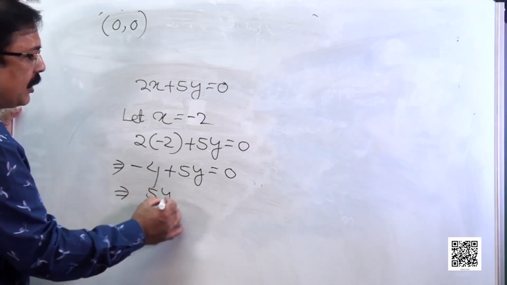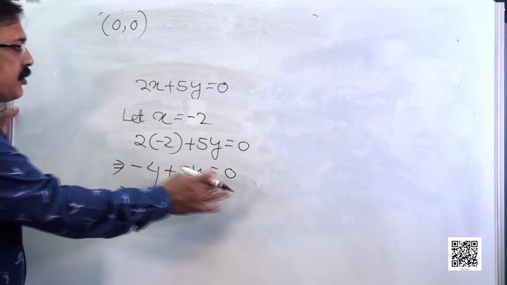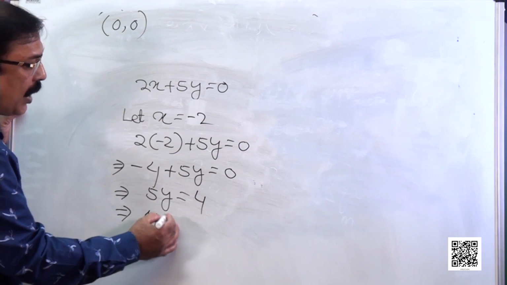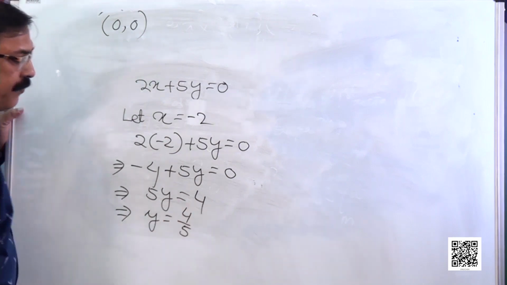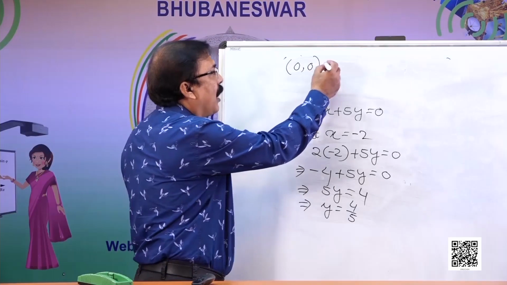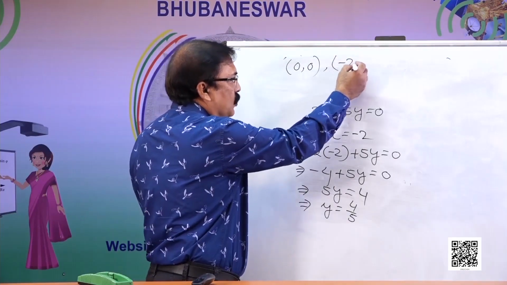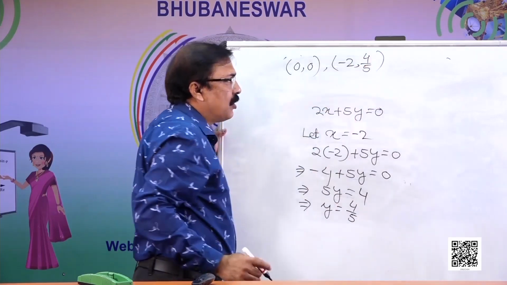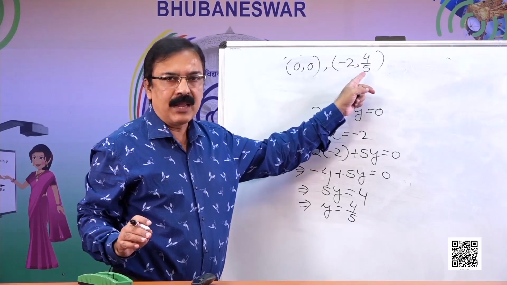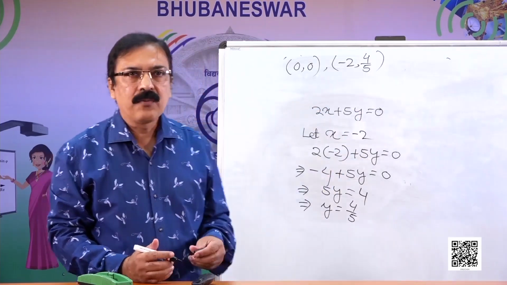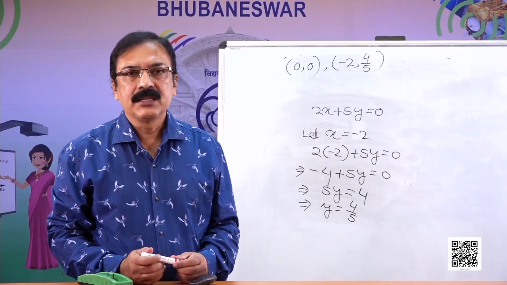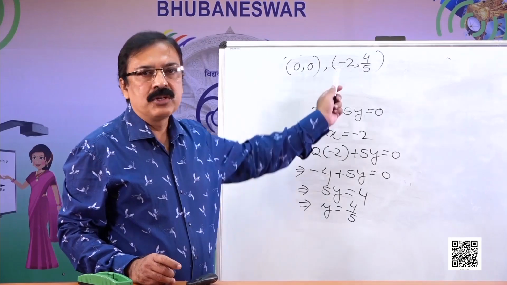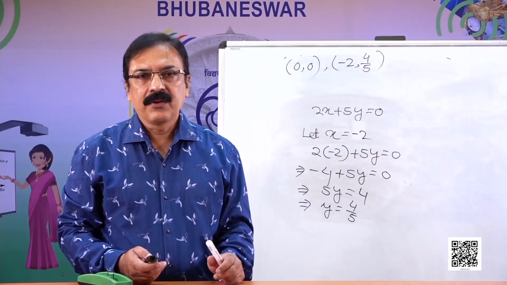So 5y is equal to, minus 4 comes to the right side, gives 4. And what is y? y is 4 by 5. That means if we put the value of x as minus 2, we get the value of y as 4 by 5. So these values of x and y, that is minus 2 and 4 by 5, satisfy this equation. You can verify it. So these are the two solutions of the given equation.